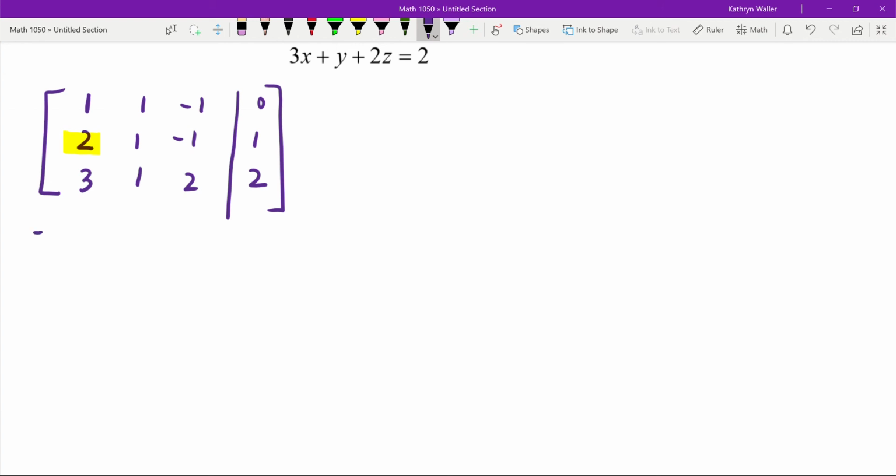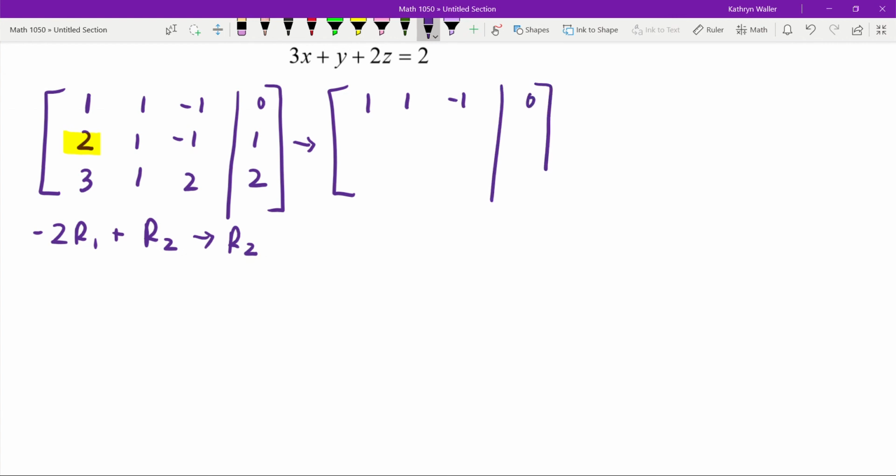So go negative 2 times row 1 plus row 2 becomes my new row 2. Row 1 doesn't change. Row 3 doesn't change.